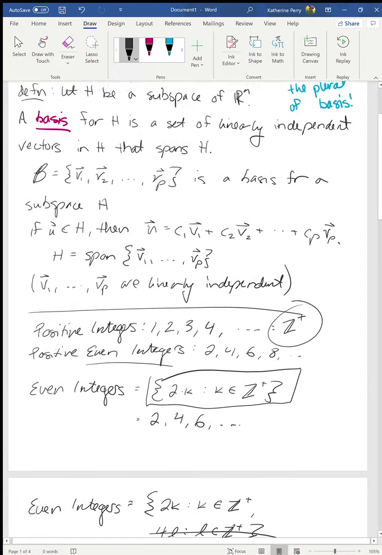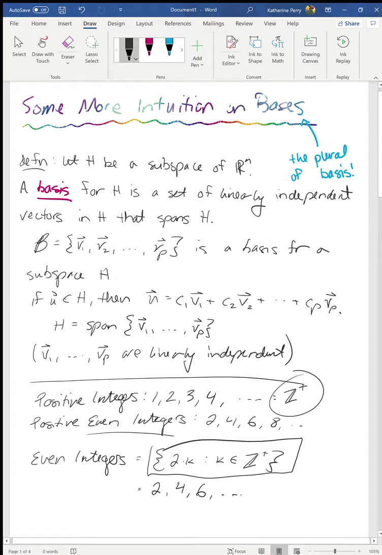Just like if I go up here and I look at my subspace H, I'm saying that u is combinations of the vectors that are in the basis. And so here, these vectors v1 through vp are acting like this description of a 2. But with a basis, I want to do it the most efficient way possible. So like with the integers, I just wanted multiples of 2. I didn't need multiples of 2 and 4.